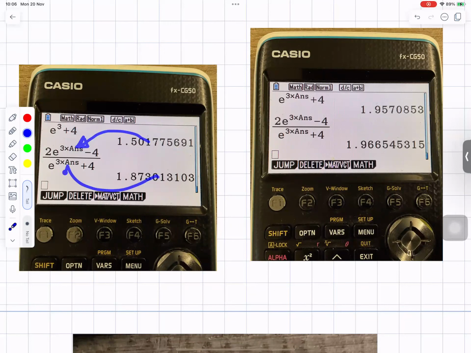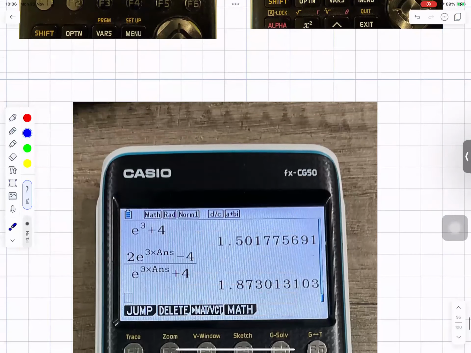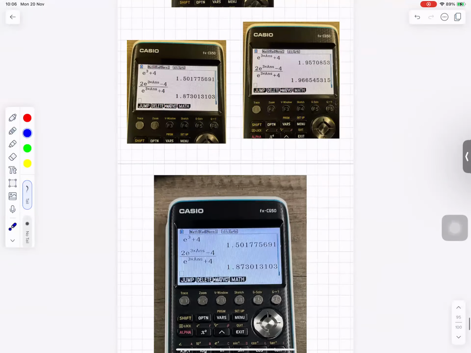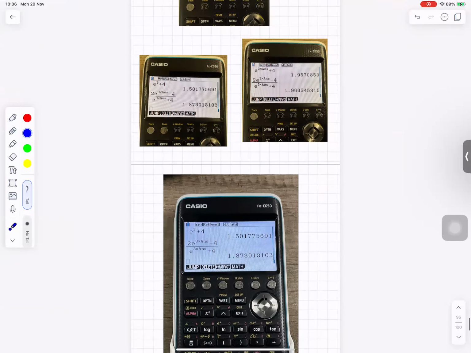Sorry, 3 times that answer, and you execute, it gives you the next answer. And you will use that next answer in the formula again. It will give you the next answer. And you will repeat the process to get more and more answers.